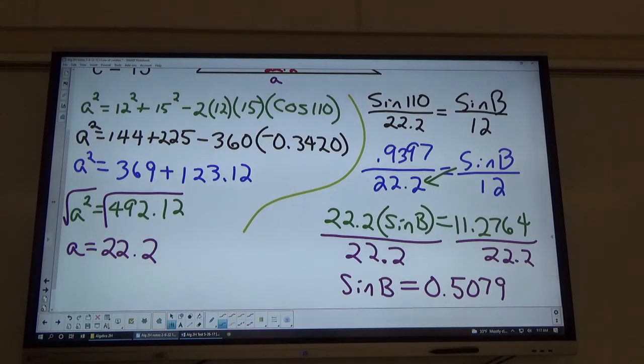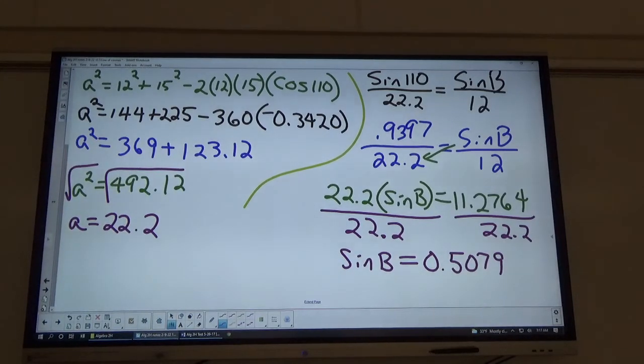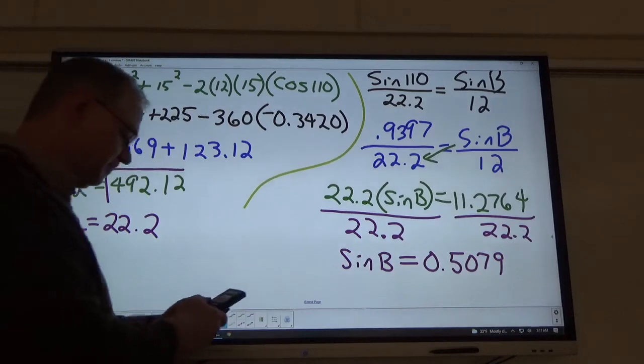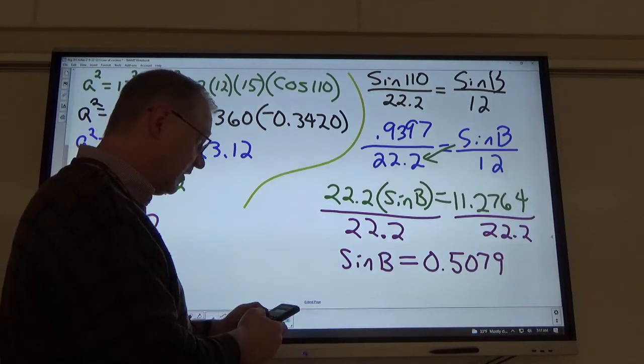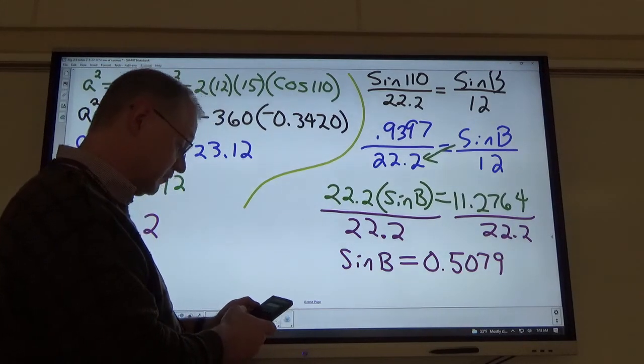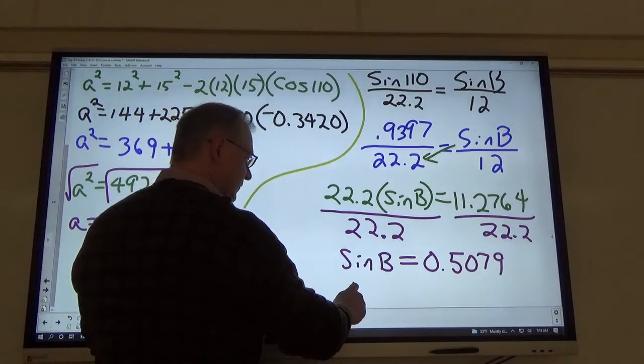So once I do that, I then would have to do the inverse sine. I could do the inverse sine of the full display, or I could do 0.5079 inverse sine, and it gives me almost the same thing.